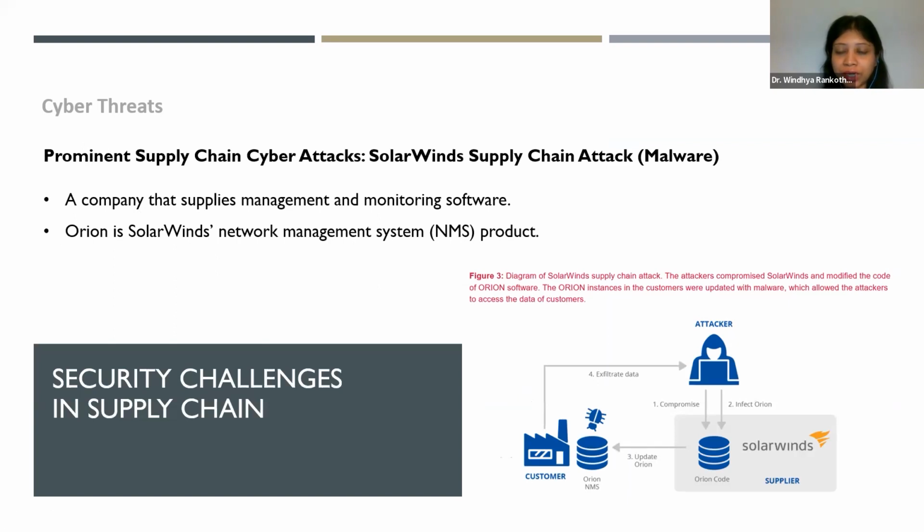The attacker first attacked this software and gained access to it. And through that, the attacker gained access to the systems of the companies that are using this network management system.